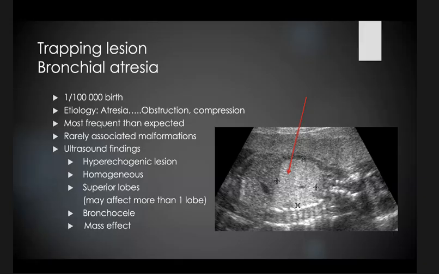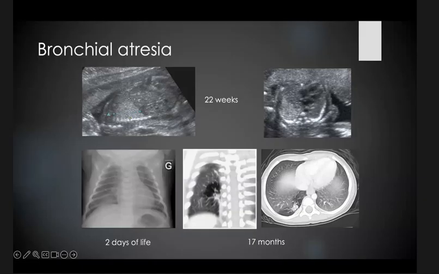What do you see in fetal ultrasound? You see here a hyperechogenic lesion in the lung, which is homogeneous, mostly in the superior lobes, but can affect more than one lobe. Here you see that little dot in the center, which is filled with fluid, which is a bronchocele. And usually it causes a mass effect on the mediastinum.